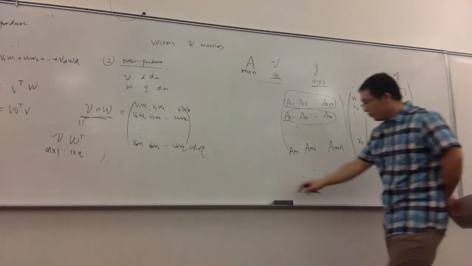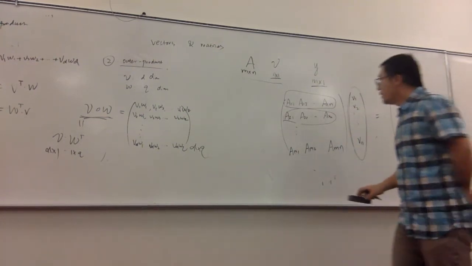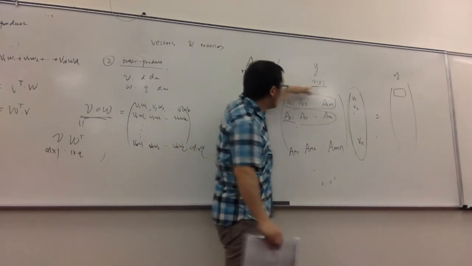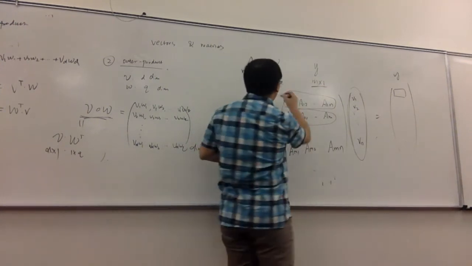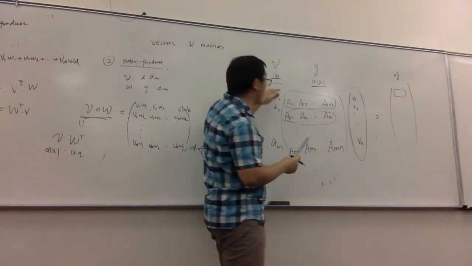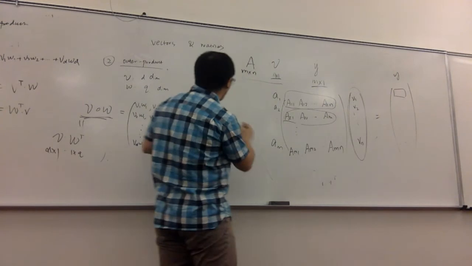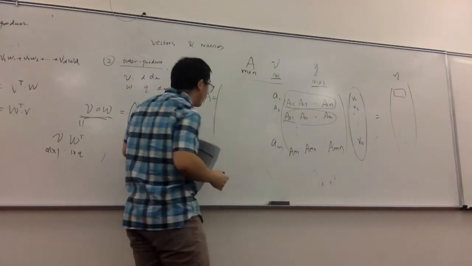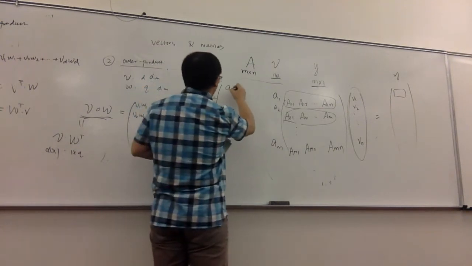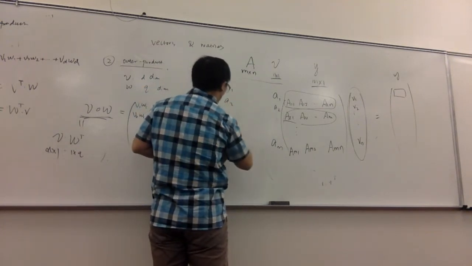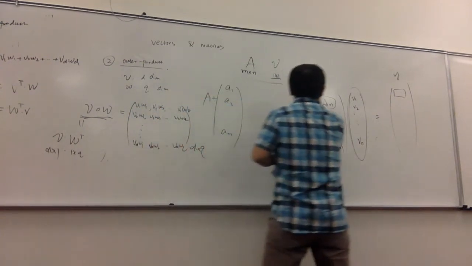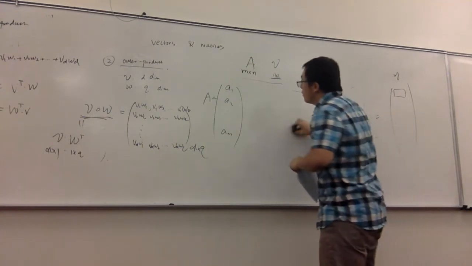So if we instead represent each row vector in A by A1, A2 to Am. Sorry, it's not in y, in A. So now A can be represented as stacking m row vectors. So it is A1, A2 to Am.